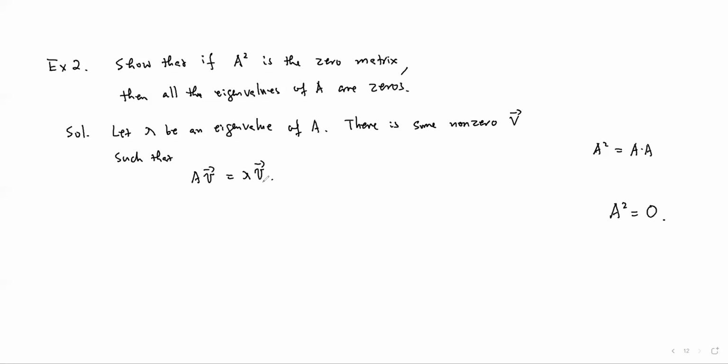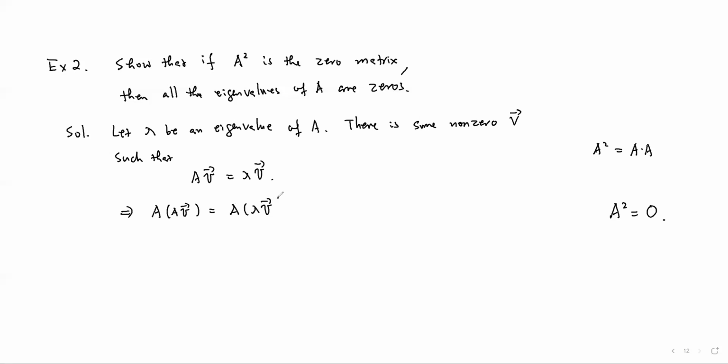Now I multiply this equation from the left-hand side, not the right. From the right, v times A is not computable because v is n by 1 and A is n by n. So multiply A from the left side.